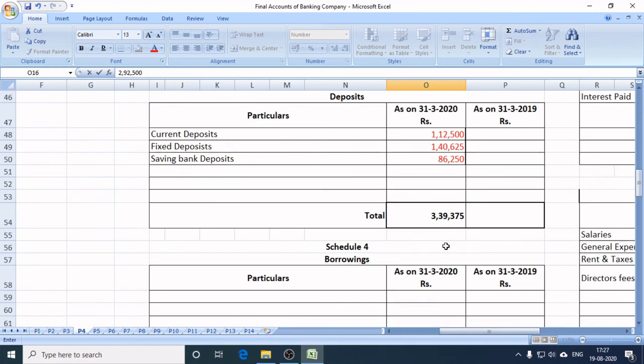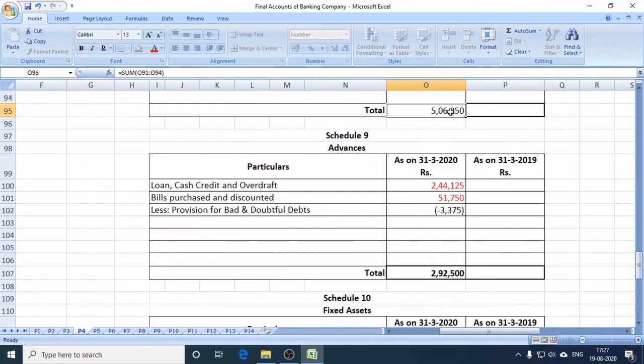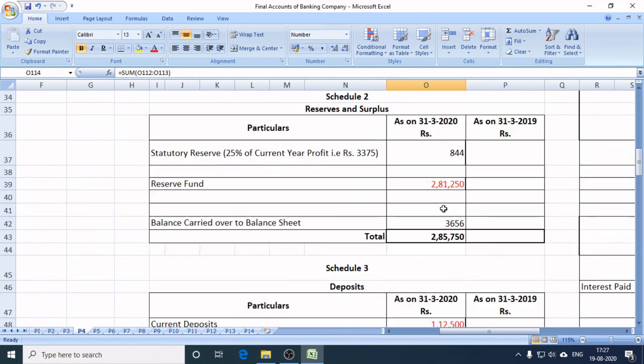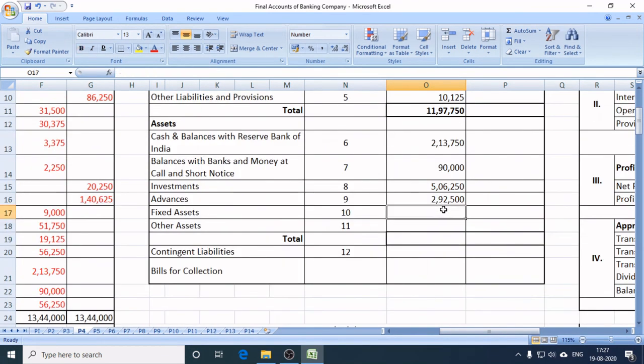Now next in the problem is fixed assets. There is only one fixed asset and its value is 86,250.